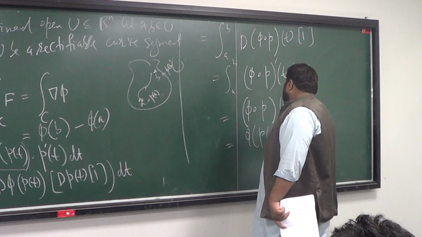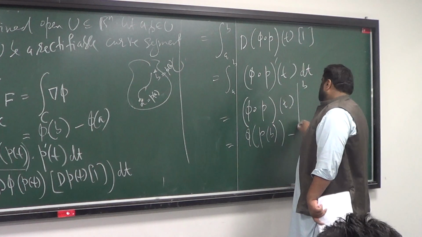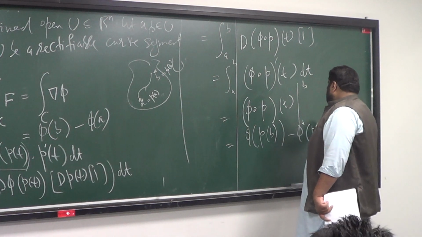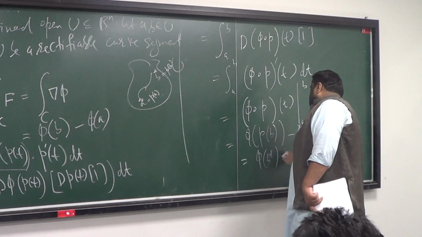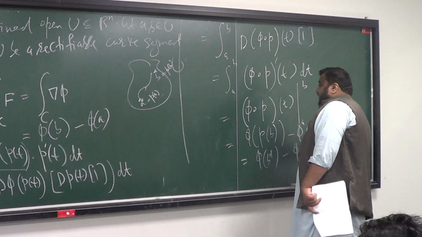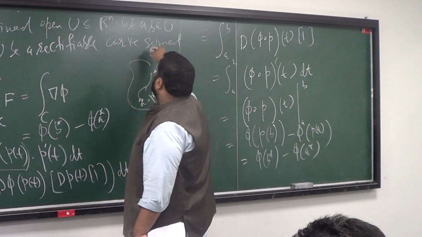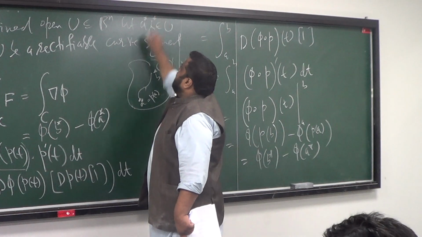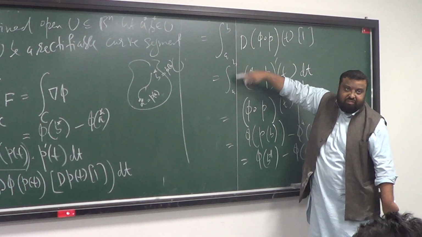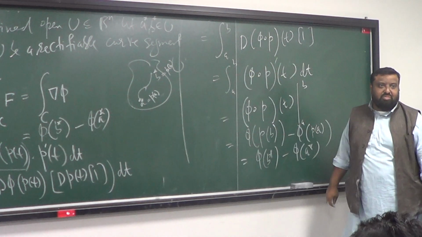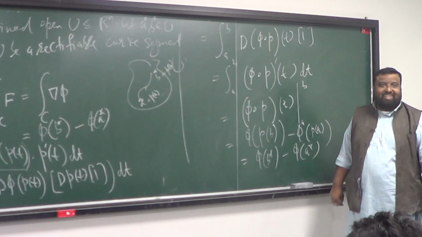Phi of P of B minus phi of P of A. In other words, this is phi of B star minus phi of A star. And maybe in your statement you can also change this into the star, just to make them different from this A to B, otherwise we can confuse which A to B is which.